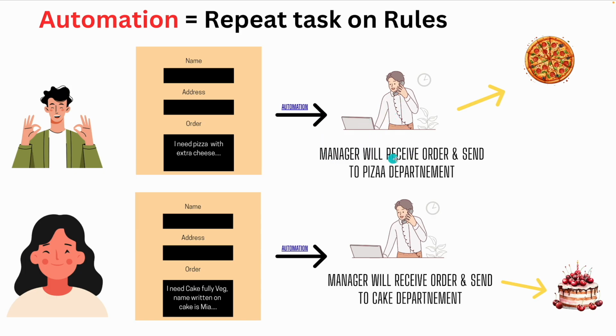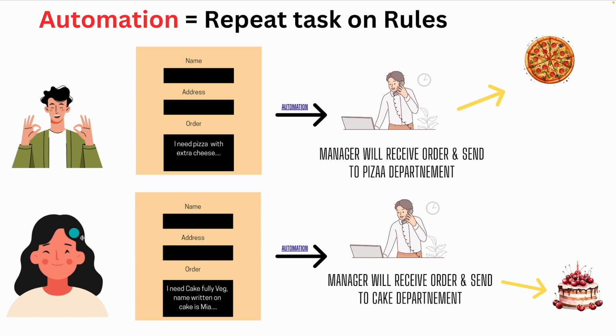Then the manager will receive the order and send it to the pizza department, because this example is related to pizza, where this person has ordered a pizza. So automation will take this order to the manager, and the manager will see that this order is related to pizza. He will manually check it, and then send it to the pizza department to deliver the order.